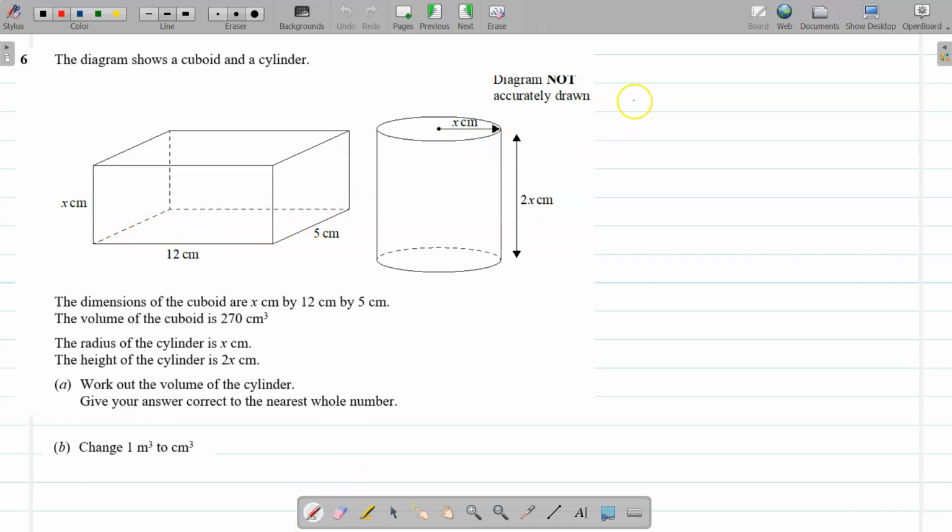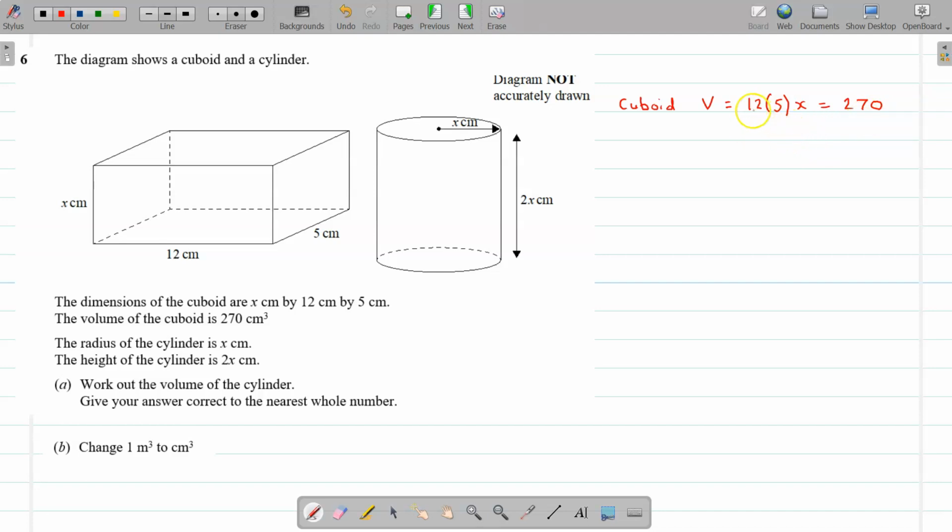If I put the volume of the cuboid first, the volume is equal to length times width times height, 12 times 5 times x, but we also know that the volume is 270 because they give us that information in the question. So from that we can work out what x is.